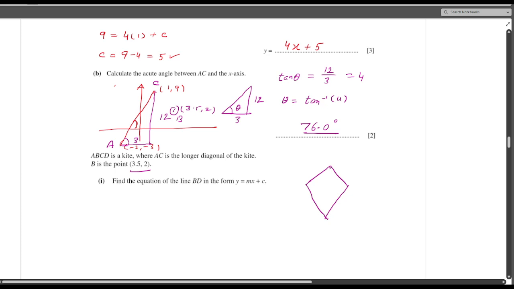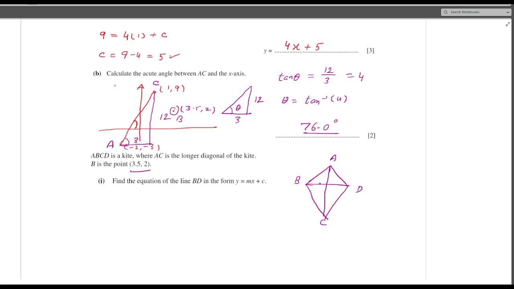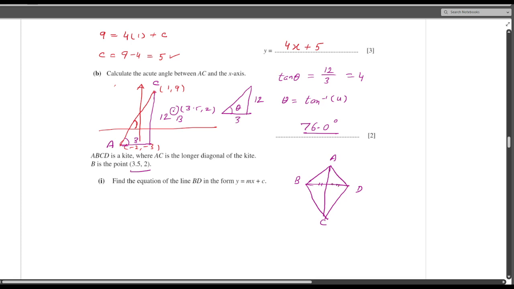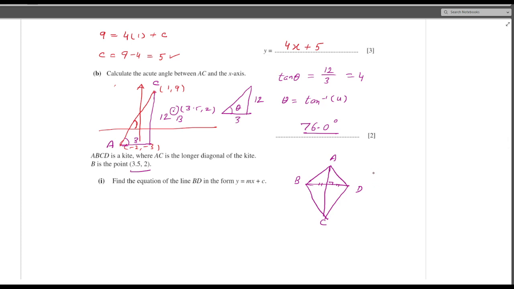AC is the diagonal, so let us consider this point as A, this point as C, this point as B, and this will be your point D. Now, one thing: your longer diagonal always bisects the smaller diagonal at 90 degrees. So I will say that AC is a perpendicular bisector of BD.